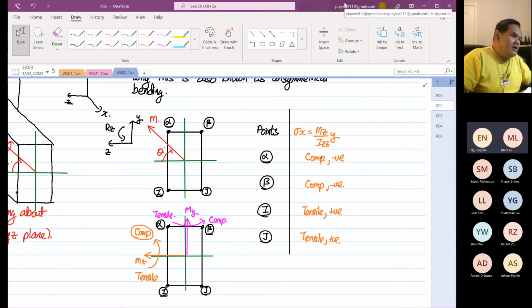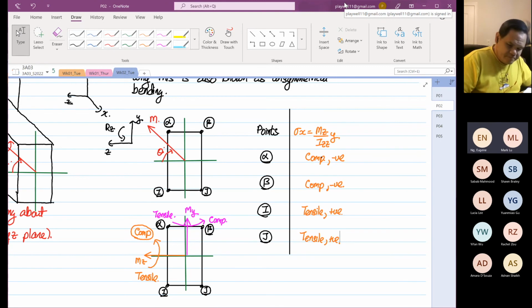I'm doing this based on moment vectors and not focusing on whether the formula is positive or negative. You can understand why we have it as tensile or compression. Anyone have any questions so far? Okay, I don't hear anything, means you understand.